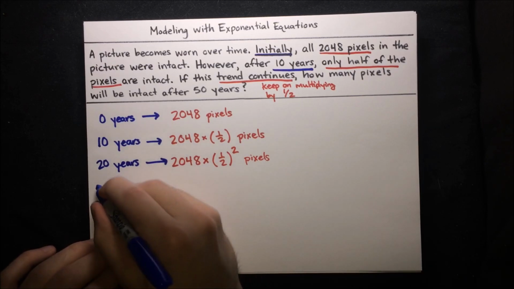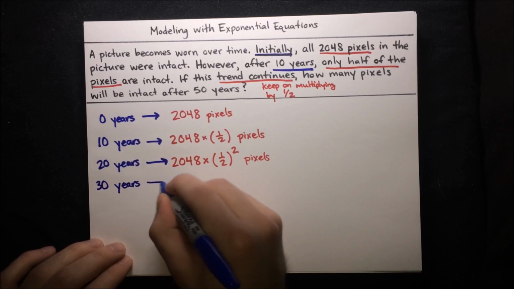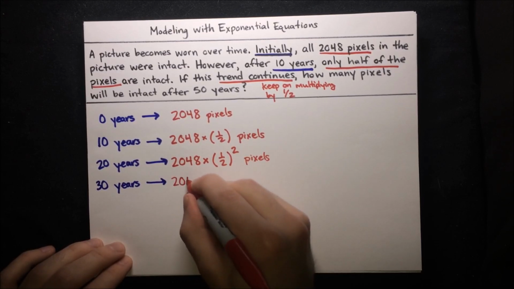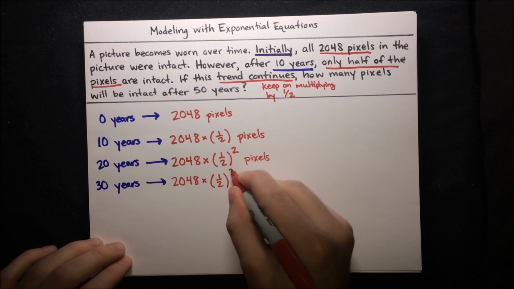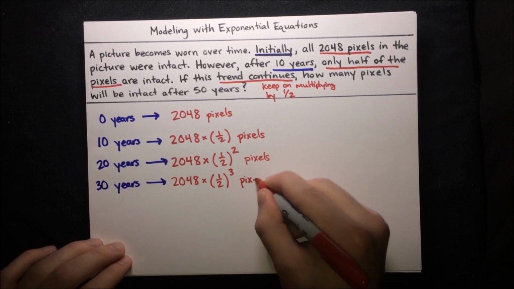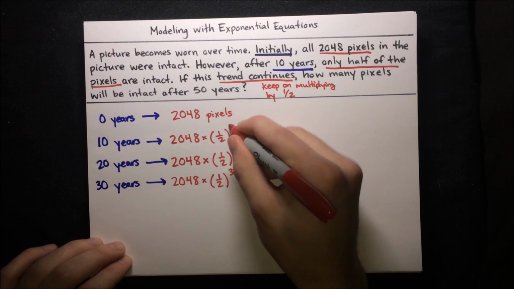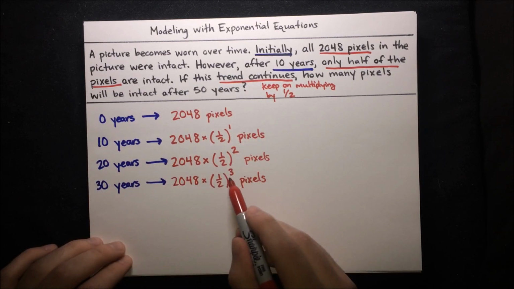So the next data point would be 30 years then. Go forward another 10 years, and we multiply by a half again. So 2048 times a half times a half times a half, so times a half to the third pixels. You can kind of see a pattern here. 10 years is a half to the first power, 20 years is a half to the second power, 30 years a half to the third power.